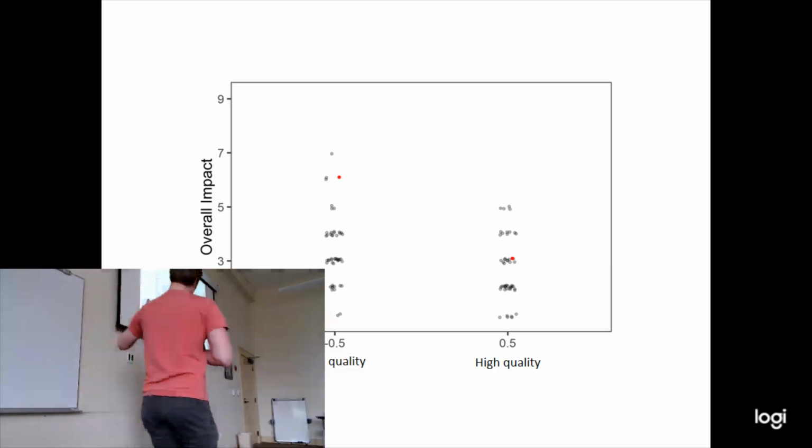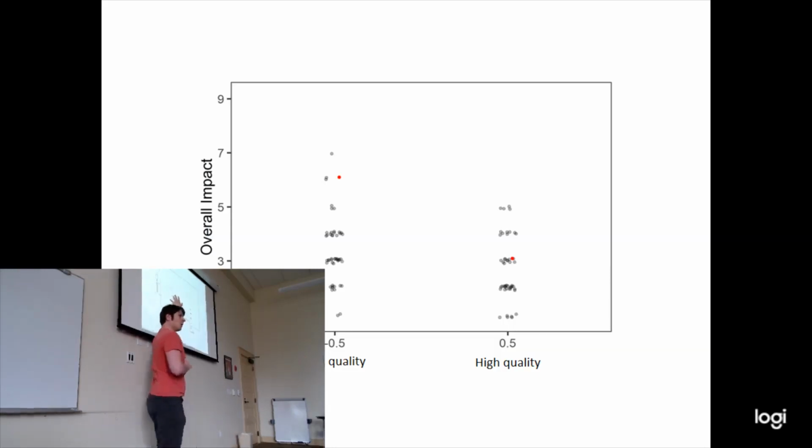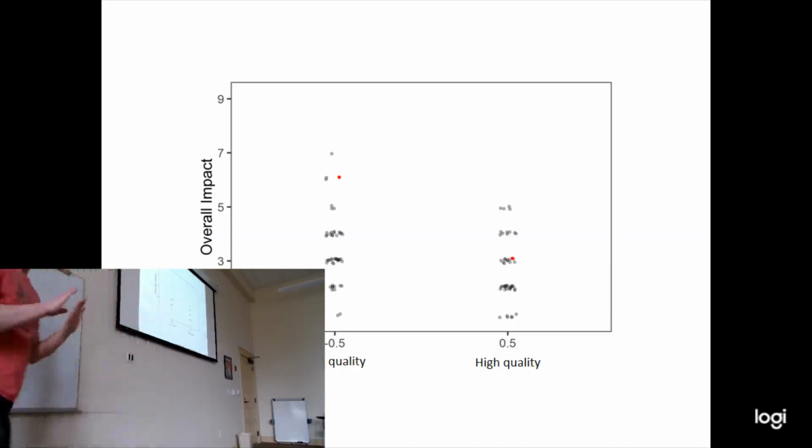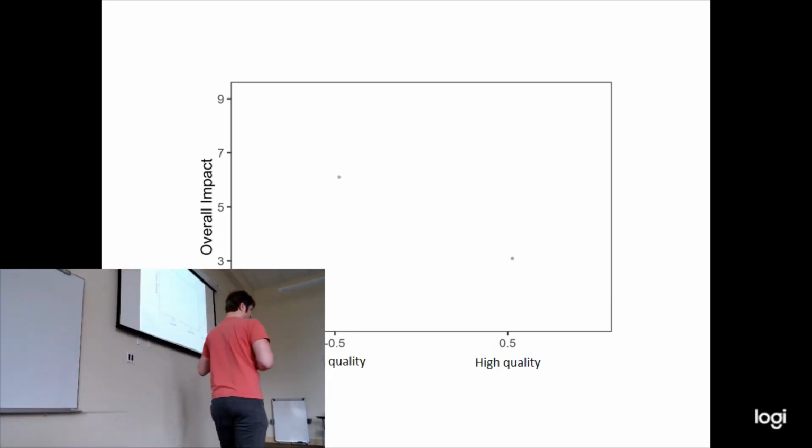So the first thing we can do is just consider one of these pairs of points and highlight it in red. So this red means that each of these scores comes from the same reviewer. So that's the first step. And actually, I'm going to take away all the other points so that we're just dealing with this pair of observations.